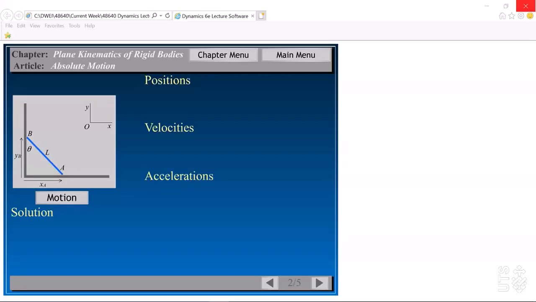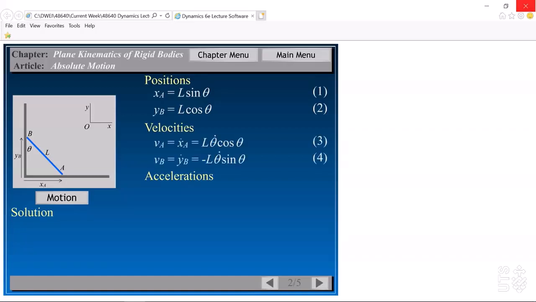Using trigonometry, we can find the relationship between xA or yB and this angle theta. Then we can do time derivatives on both sides of equation 1 and equation 2.